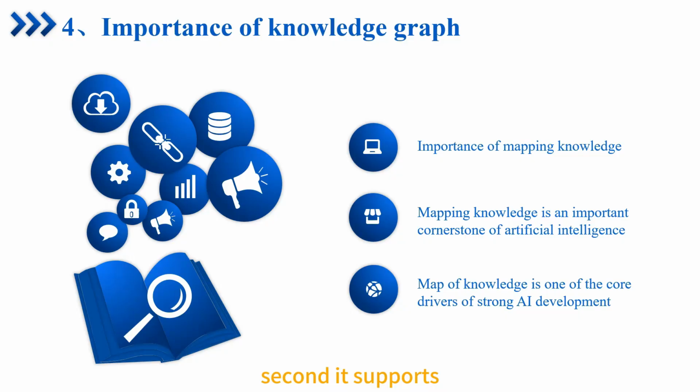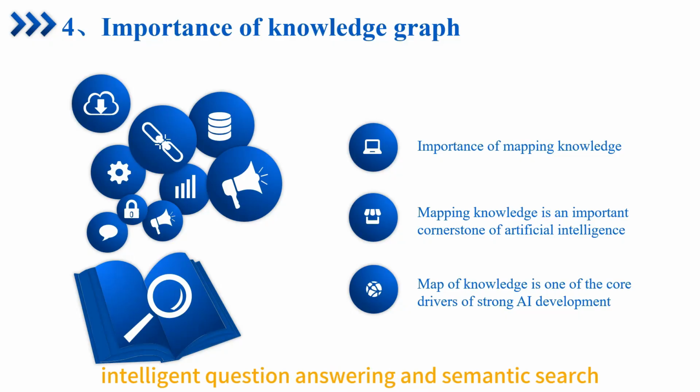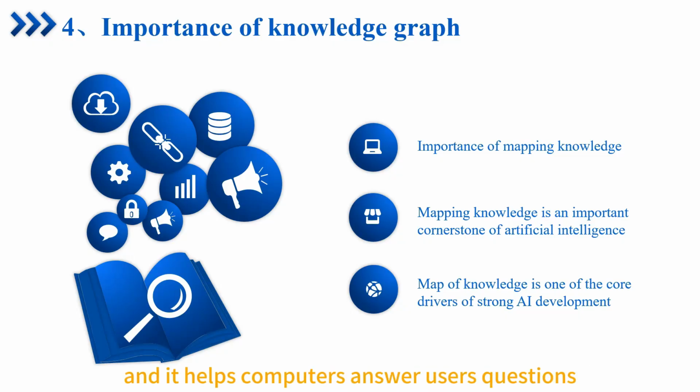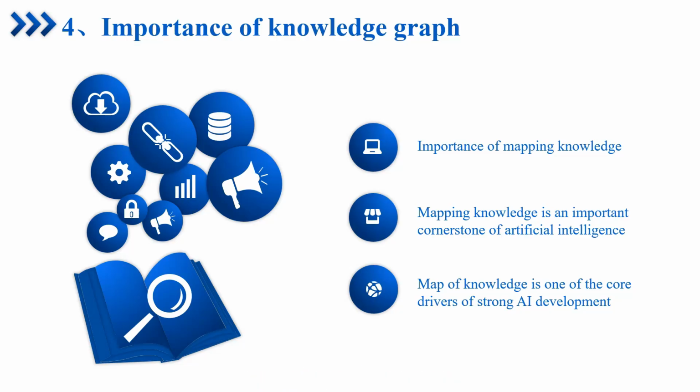Second, it supports intelligent question answering and semantic search. It helps computers answer users' questions through semantic analysis and related inferences, enabling more intelligent question answering and search functionality. Third, it can enhance the effectiveness of recommendation systems and personalized services.